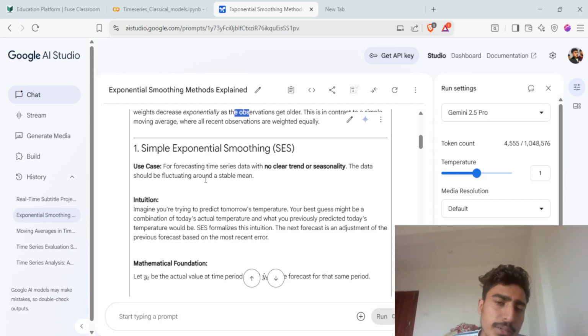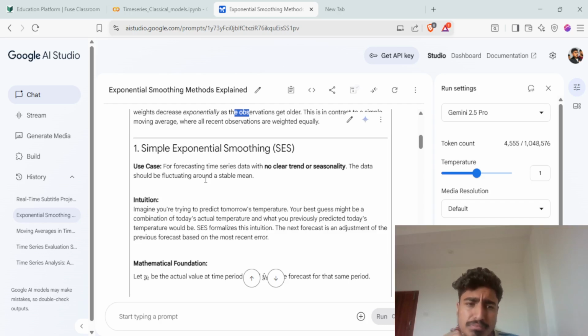I'm talking about a time series where there is no clear trend or seasonality, and the data should be fluctuating around a stable mean, meaning the trend should be sideways, not upward and not downward. That's the use case of simple exponential smoothing.